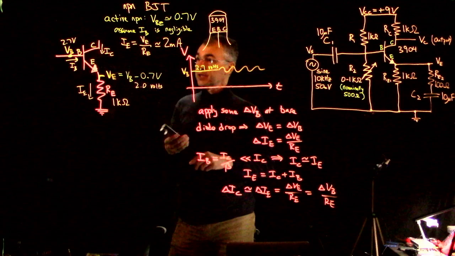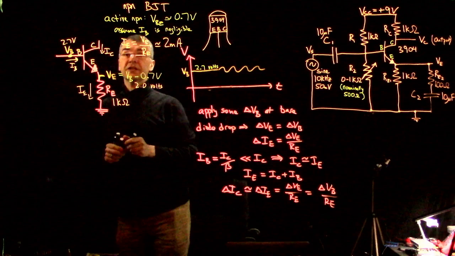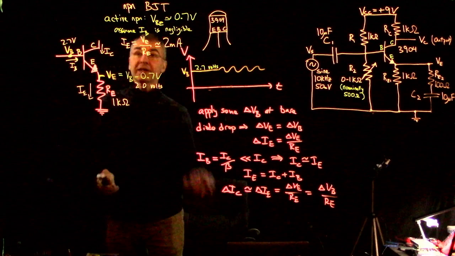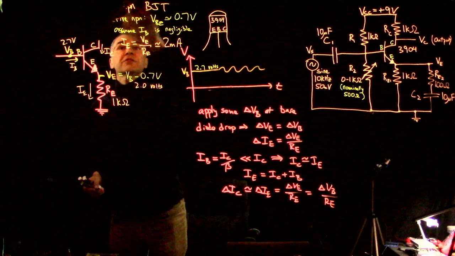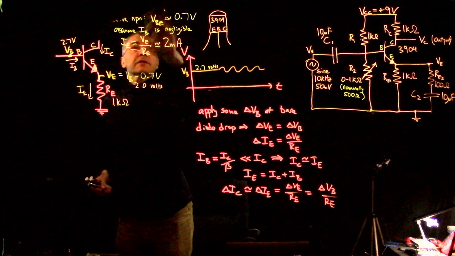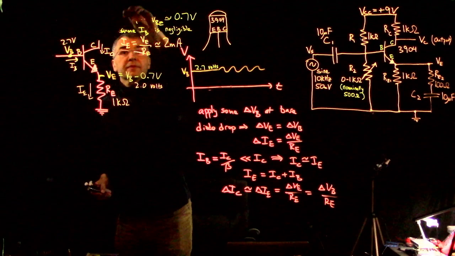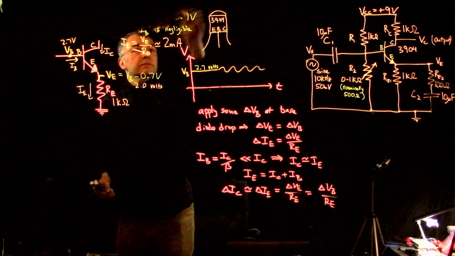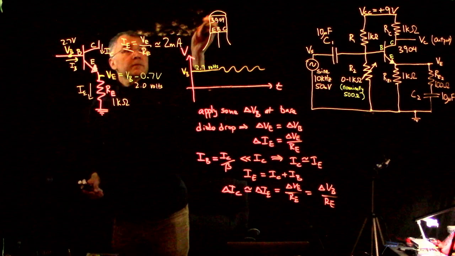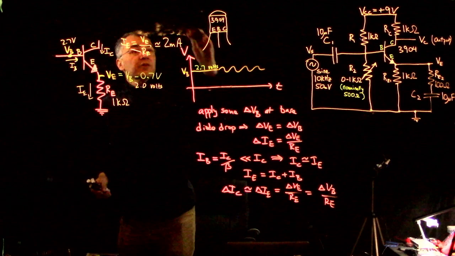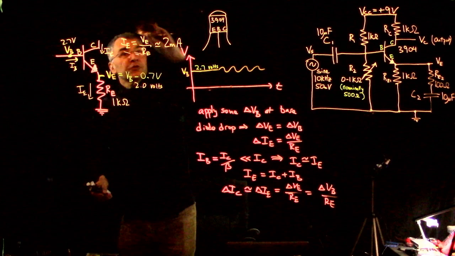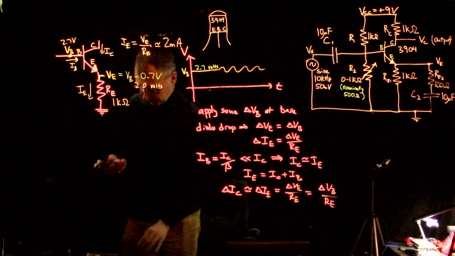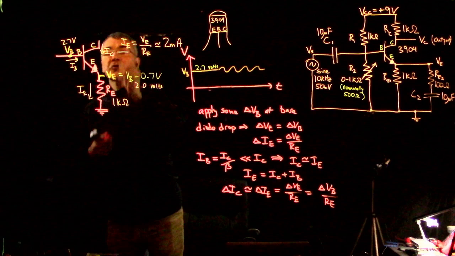So the little trick that we use in the common emitter amplifier is, here, let me just make a little space here. We stick a resistor up there. So by putting a resistor up there with a fixed voltage above it, as the collector current increases, the collector voltage decreases in proportion.